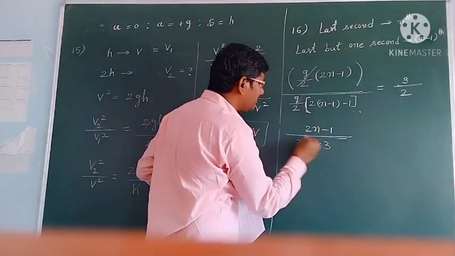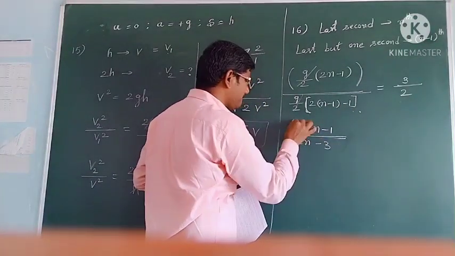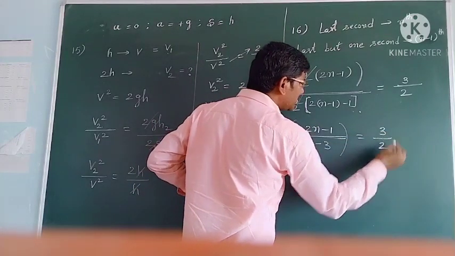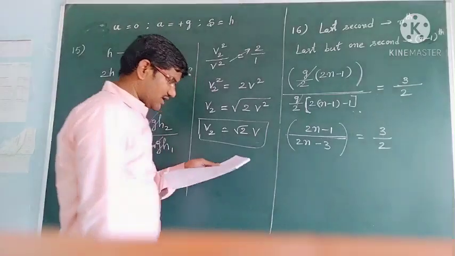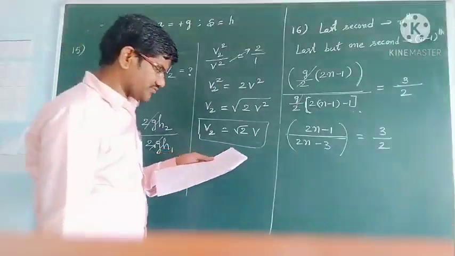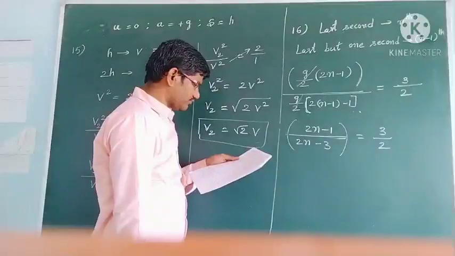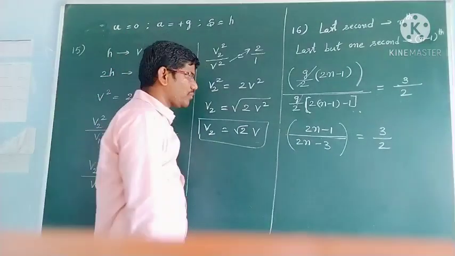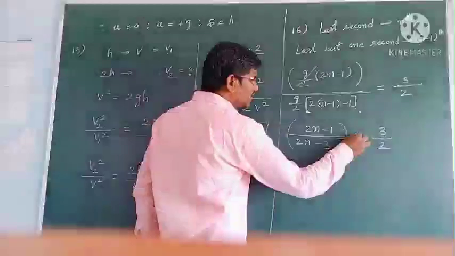So it will become minus 3. Okay, that is equal to, they have given this ratio 3 by 2. Okay students. Then the total time taken by the body to reach the ground means we have to find the n value here. Okay, now do cross multiplication.